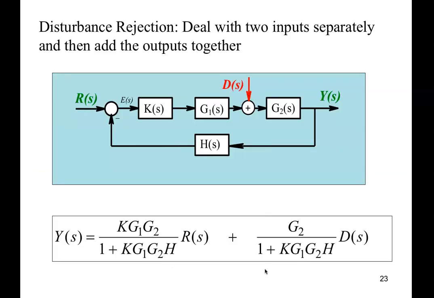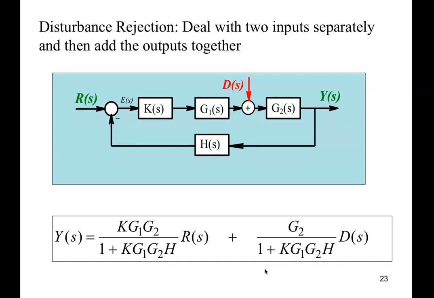Now sometimes we can also have more than one input. How am I going to derive the transfer function if you have multiple inputs or multiple outputs? I'm just giving this example to show how we deal with things like that. Remember, we are dealing with linear systems here, so the principle of superposition applies.